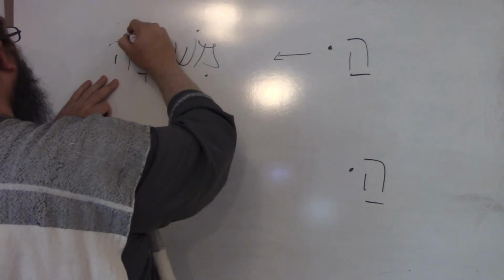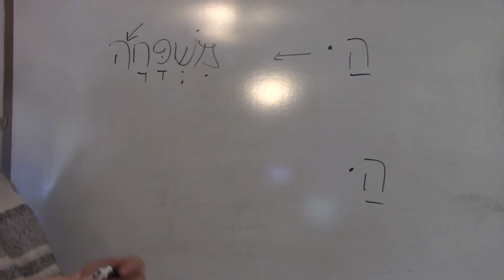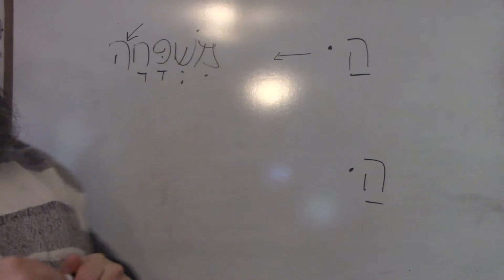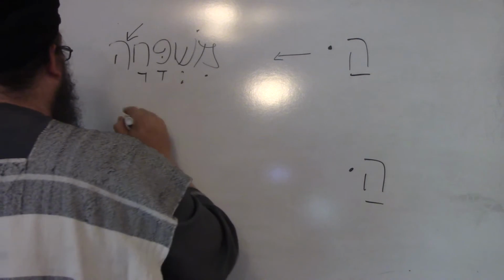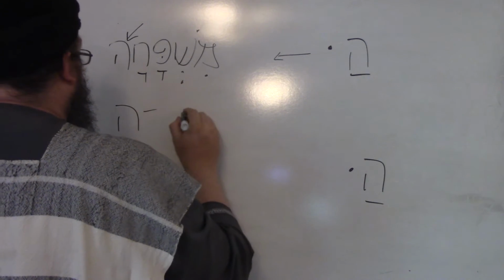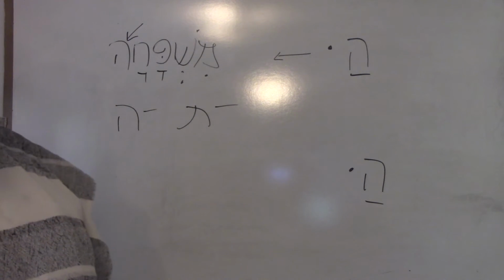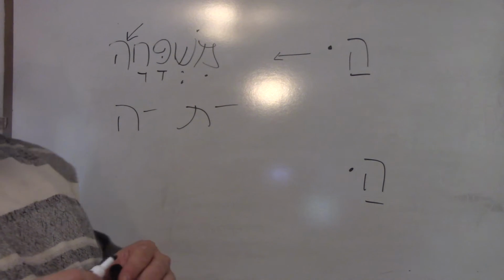Because there's a hey at the end. It's easy to identify feminine nouns because feminine nouns have two characteristics. They're either going to have a hey at the end or a tav at the end. You find these two things at the end, you predominantly have a feminine noun.